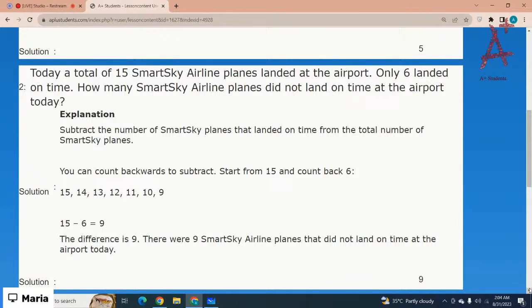Start with 15 and go back 6, and it would be 9. That means only 9 airline planes did not land on time at the airport today.